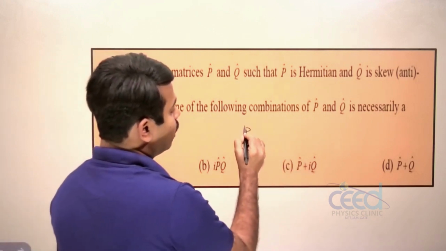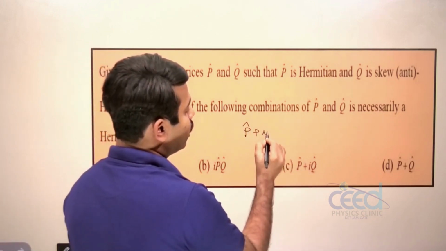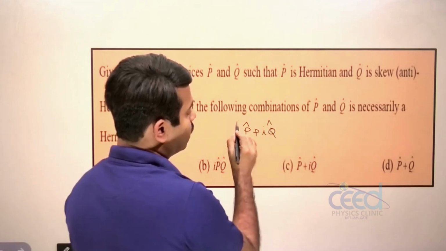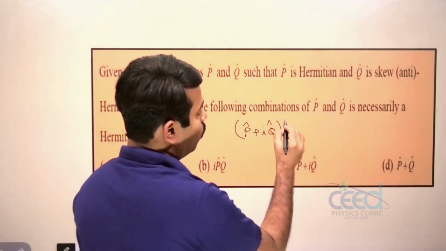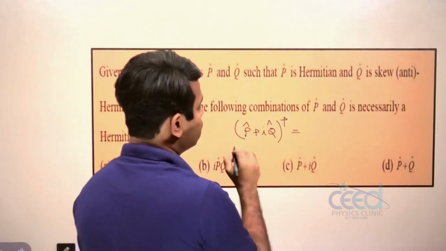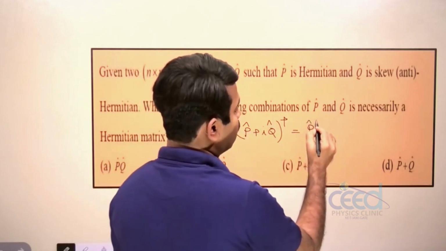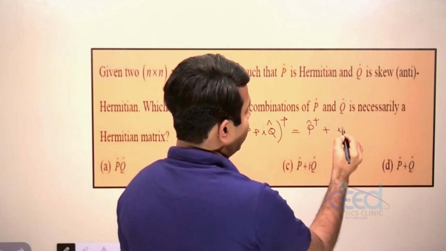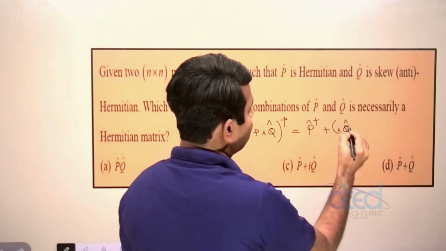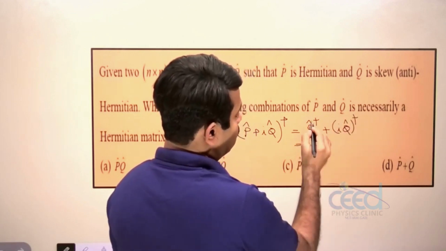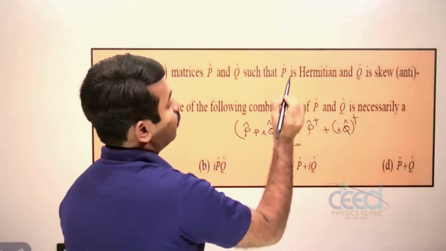Now let us go to another option. P cap plus I Q cap, right? Whole dagger I am taking. Then what is this? P cap dagger plus I Q cap whole dagger. That means Q cap dagger is equal to what?